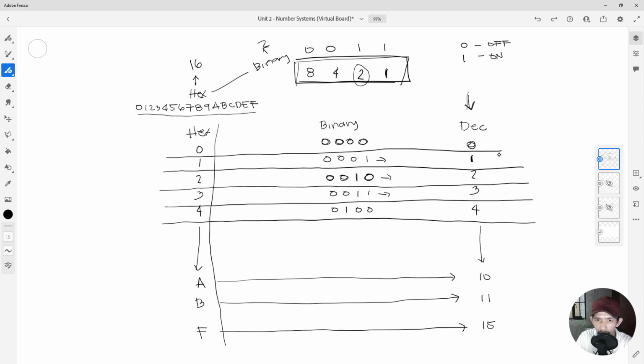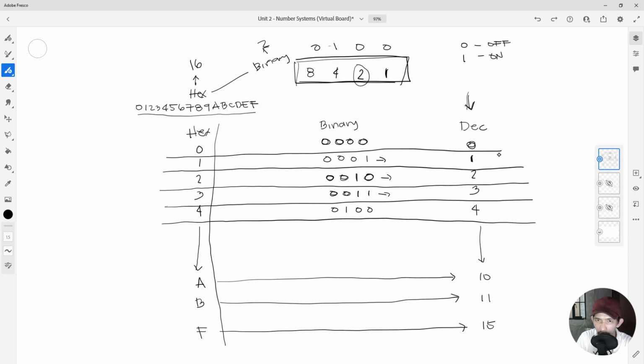That's how we got 0, 0, 1, 1. Okay? Erase that. For 4, since 4 is available, we just turn on number 4. 1, 0, 0, 0. So it's 0, 1, 0, 0.